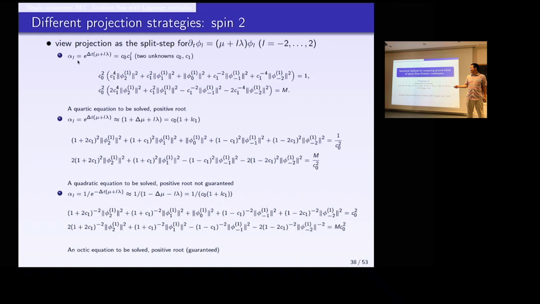This ODE has 2 parameters, 2 Lagrange multipliers corresponding to the constraints, so we can solve it exactly in the exponential form. In this case you only have 2 free parameters. When we plug in, we need to solve this algebraic equation to find the projection constants. And for spin 2, this would be a quartic equation.